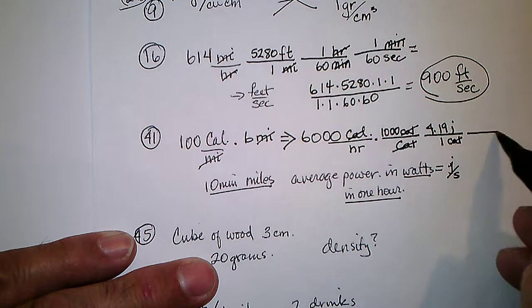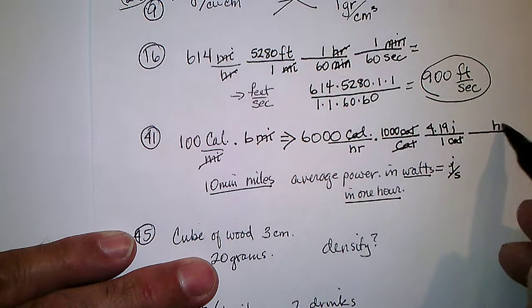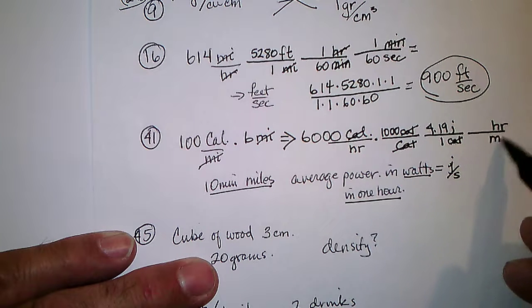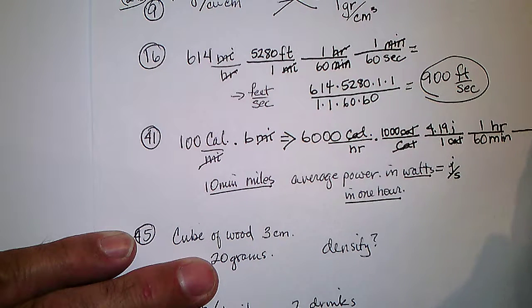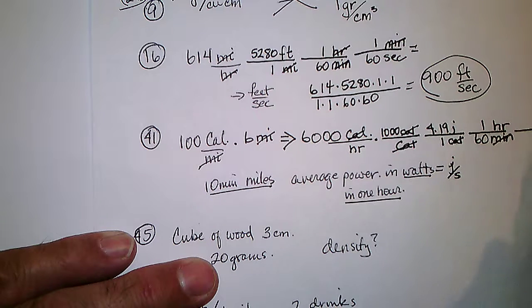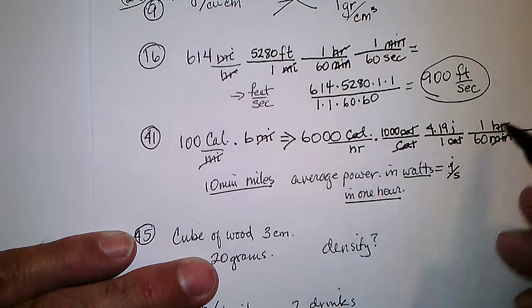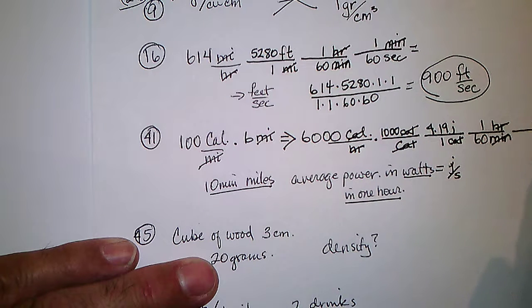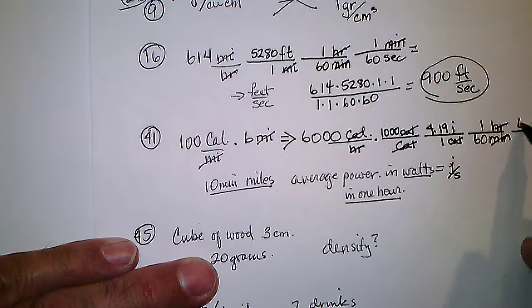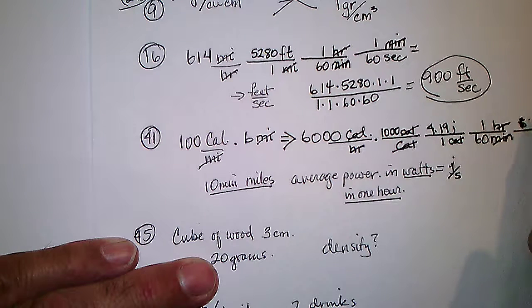So we're going to multiply by, let's put hour on top, and minute. So 1 hour is 60 minutes. And then we have to get rid of the minutes. So I put it on top to cancel the denominator, and the hours are canceled, and get seconds. So 1 minute is 60 seconds.